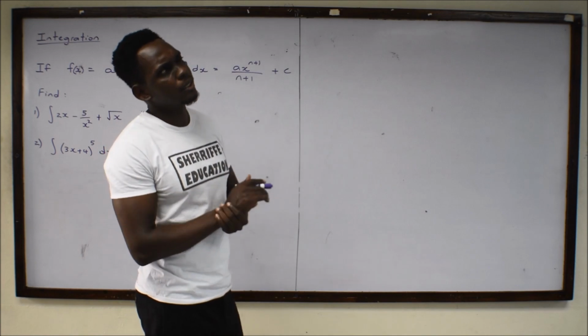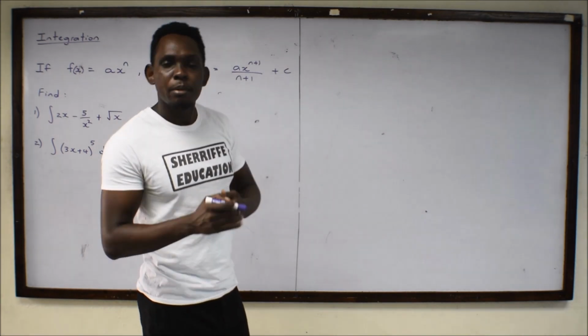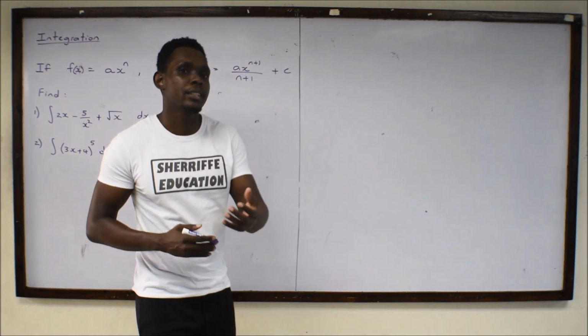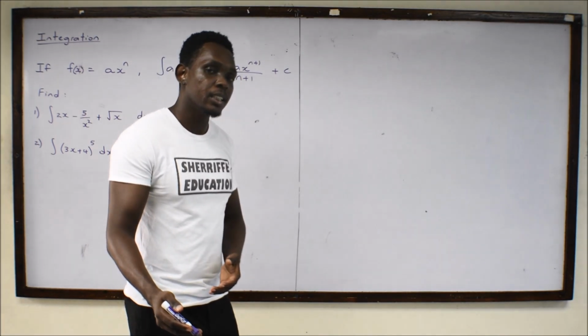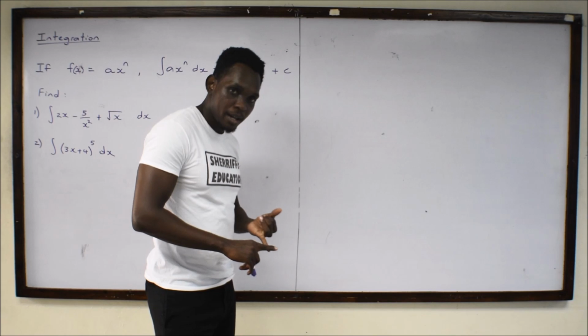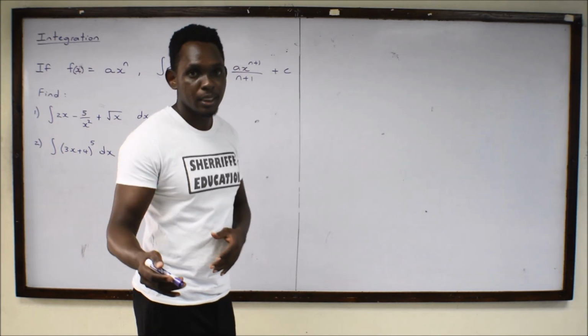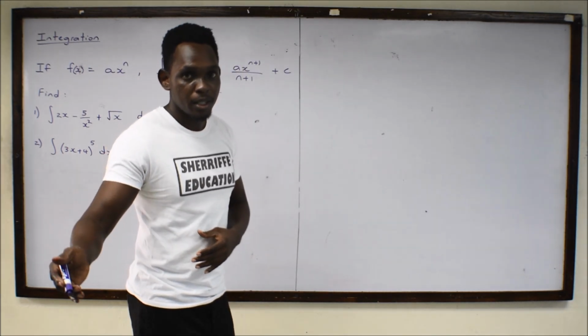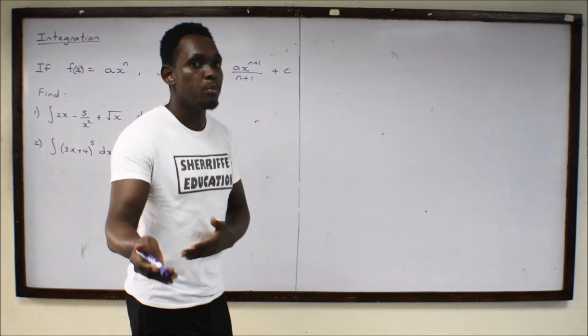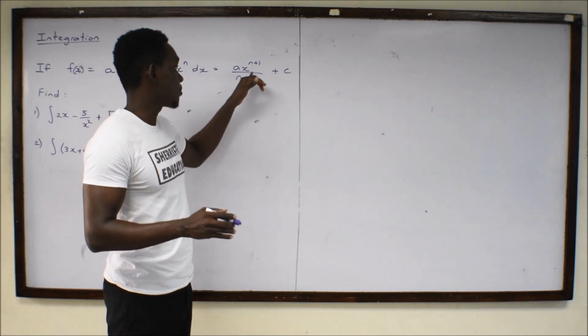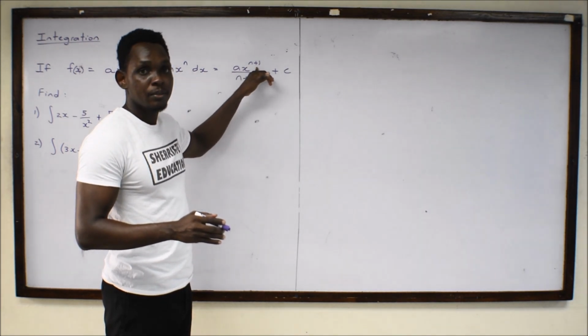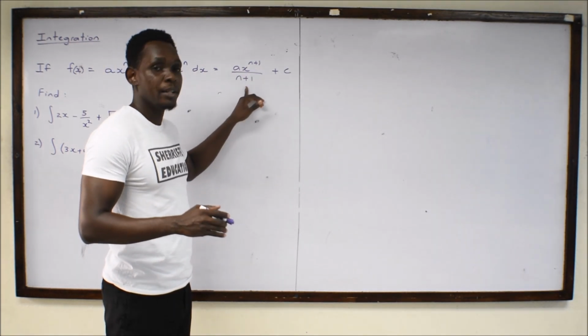And if you think about it, it makes sense. Integration is the reverse of differentiation. With differentiation, we multiply by the power and subtract 1 from the power to get the new power. So to integrate, we add 1 to the power and then divide by the new power.